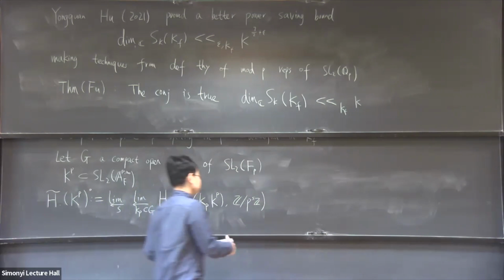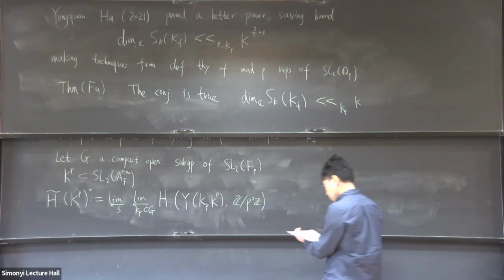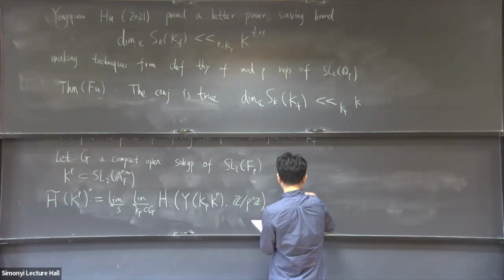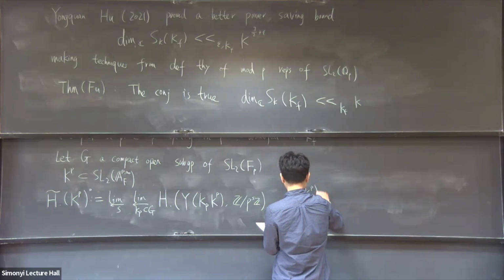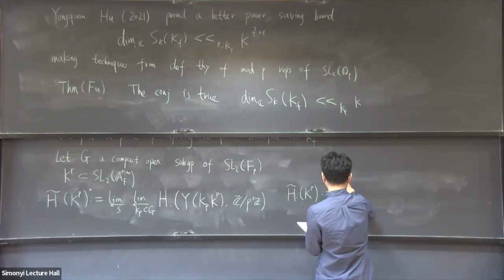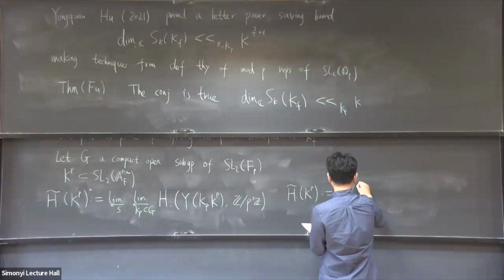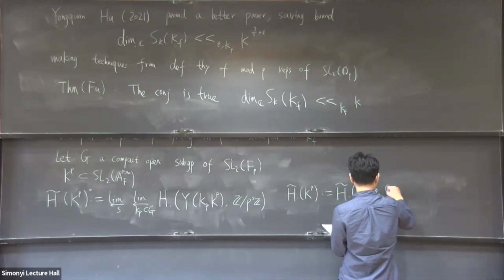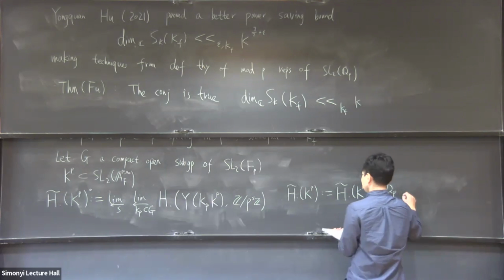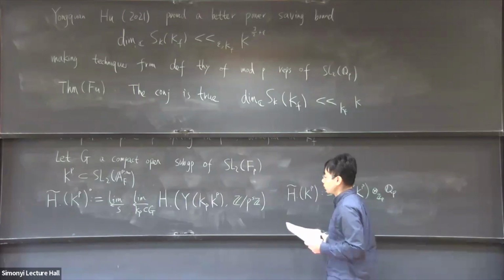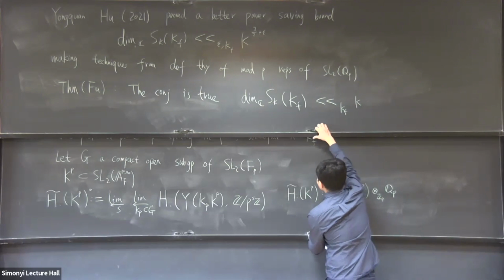It's defined to be this abstract double limit, and then I want to work in characteristic P, so I invert P. And it has many good properties. I want to list a few.